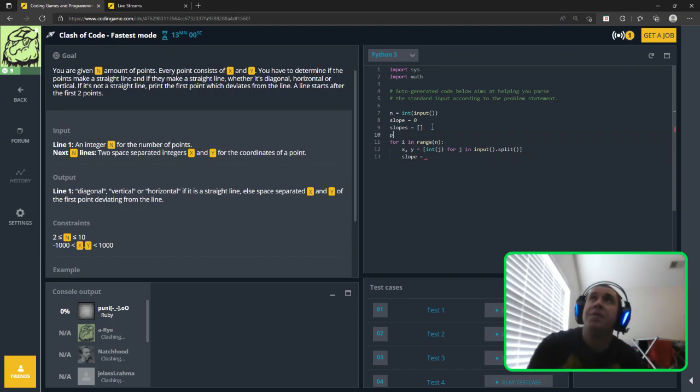And then, okay, points dot append a tuple of x comma y. Okay, and then for point in points, now we can calculate the slope.